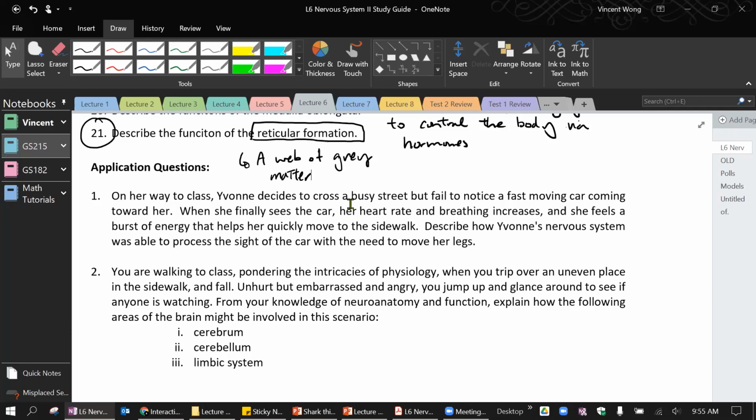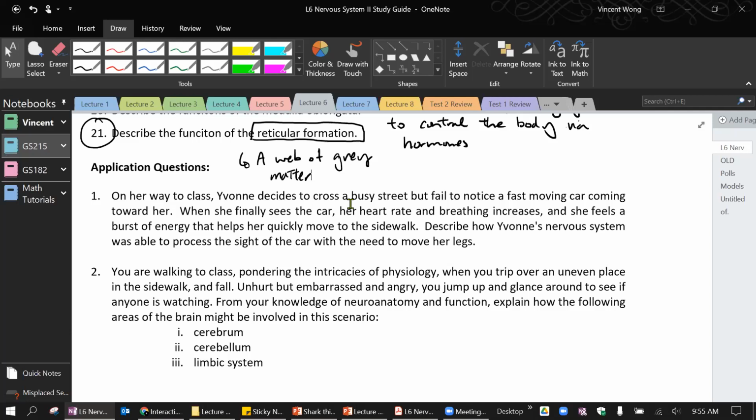It will also go to the primary motor cortex to trigger a response, because the response is to get out of the way. The primary motor cortex allows you to have voluntary movement of your legs, so the legs help her get out of the way. At the same time, the heart rate goes up and the breathing rate goes up.